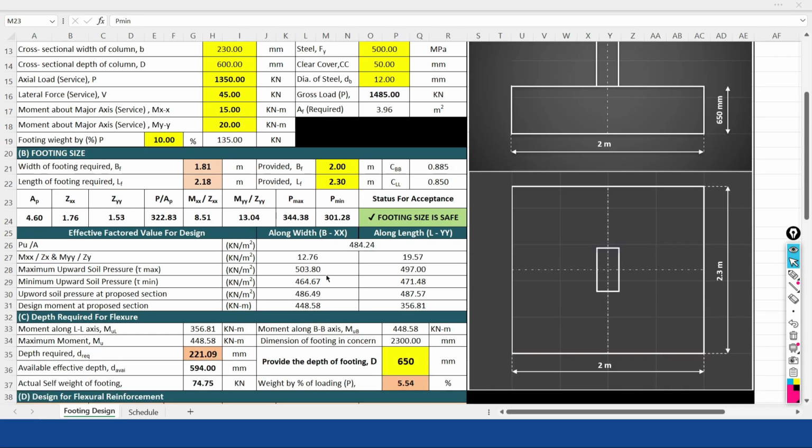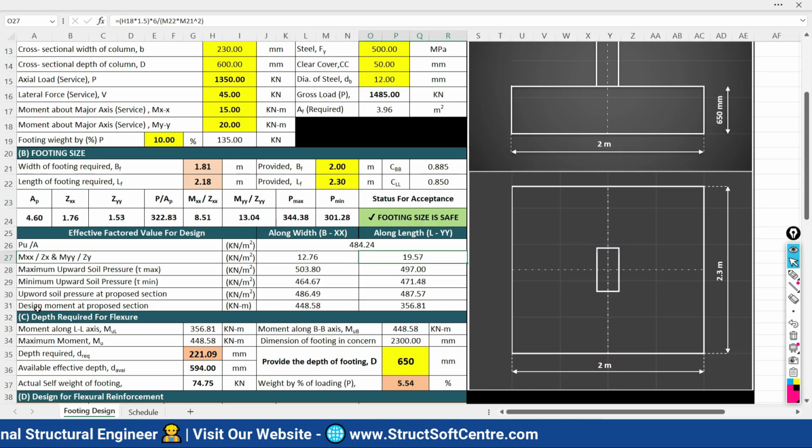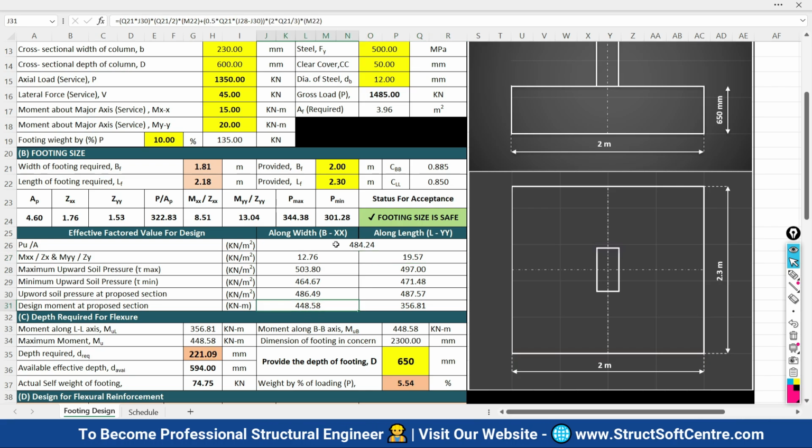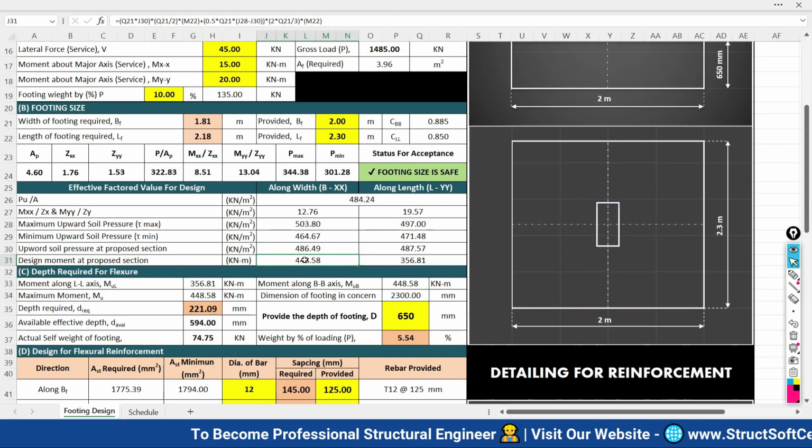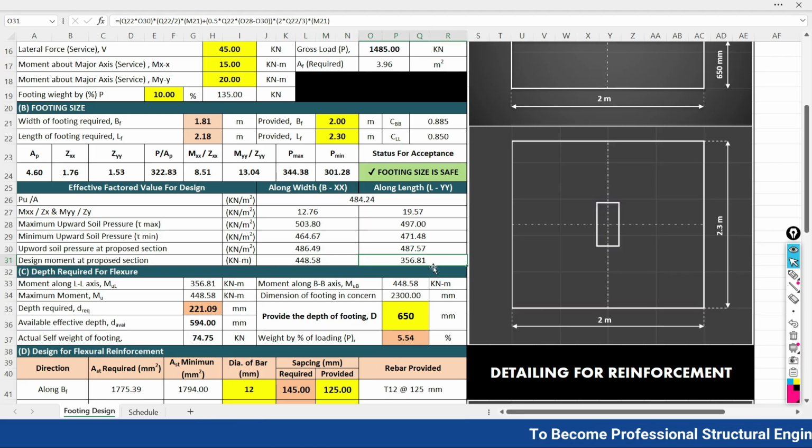Now moving ahead, the sheet is going to take care of the further calculation for the pressure, for the moment, for everything. It is finally calculating the design moment at a proposed section. Along the width of the foundation, it is 448.58 kilonewton meter. Along the length of the foundation, it is 356.81 kilonewton meter.